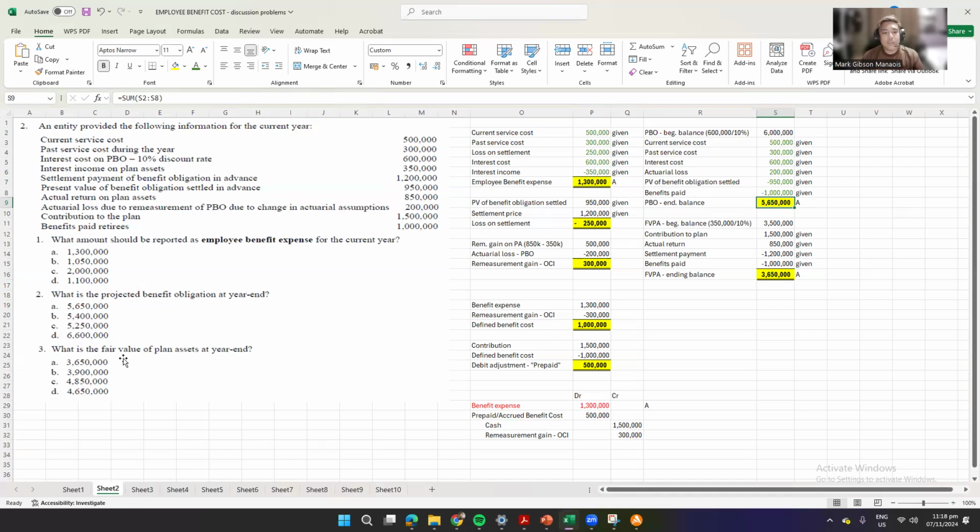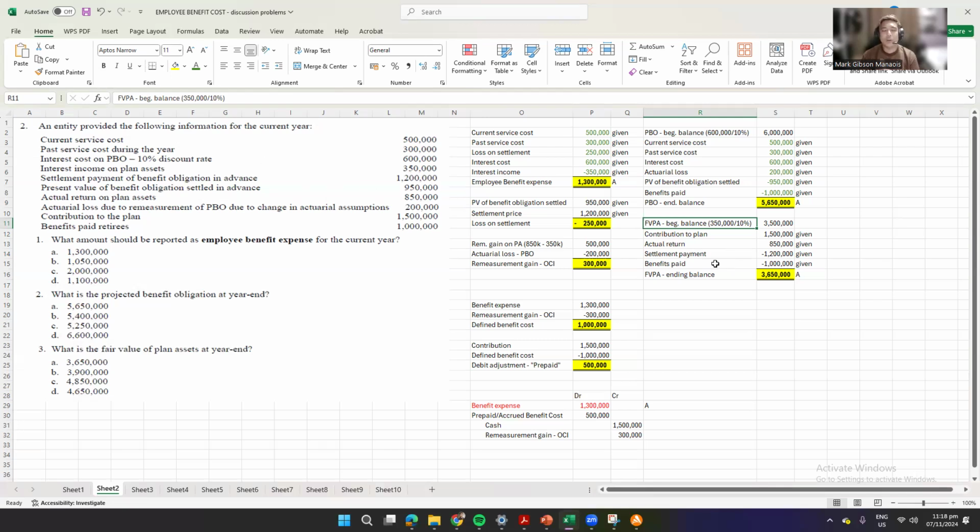And then finally, let's compute for the fair value of plan assets. No? So for the fair value of plan assets, again, hindi ulit given yung beginning balance of our fair value of the plan assets. But remember, sabi natin, yung interest income, we have computed this by getting the beginning balance of the FVPA multiplied by the discount rate. Eh dahil nga provided yung interest income class, we can work back and get the beginning balance of our FVPA or simply 350,000 over 10%.